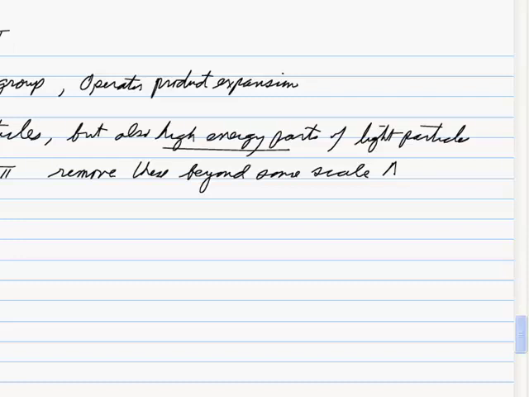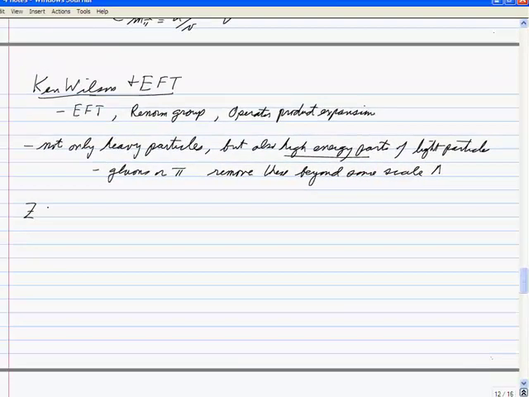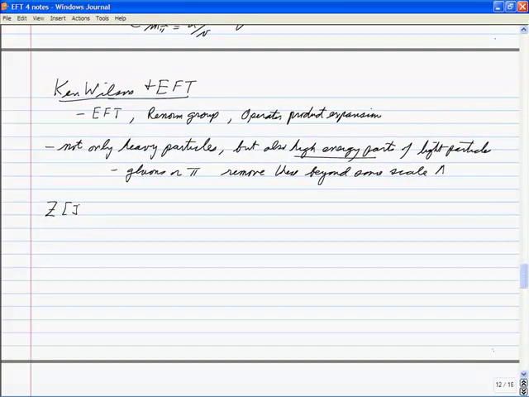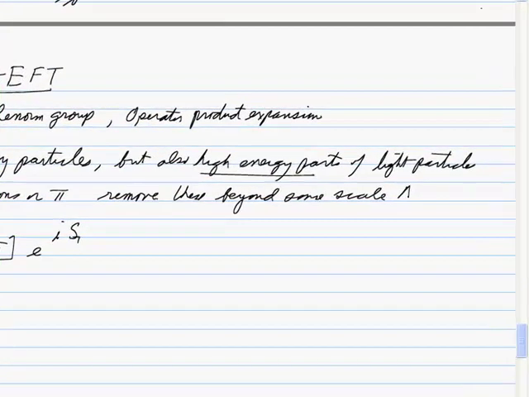Technically, here's what you're doing. You take this path integral. Let's pretend it's the pions. The integral of d pi, e to the i action. So the true action, whatever it is.